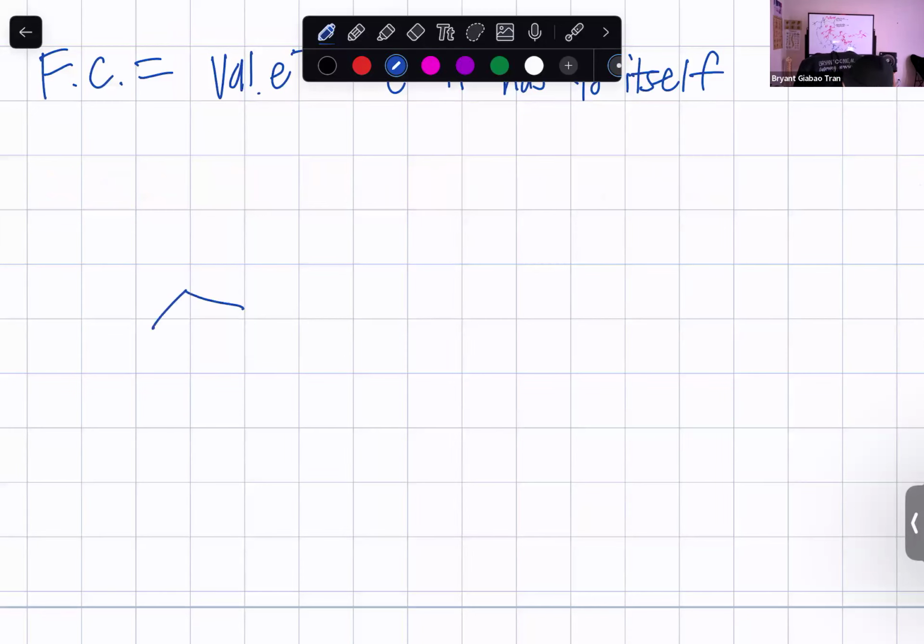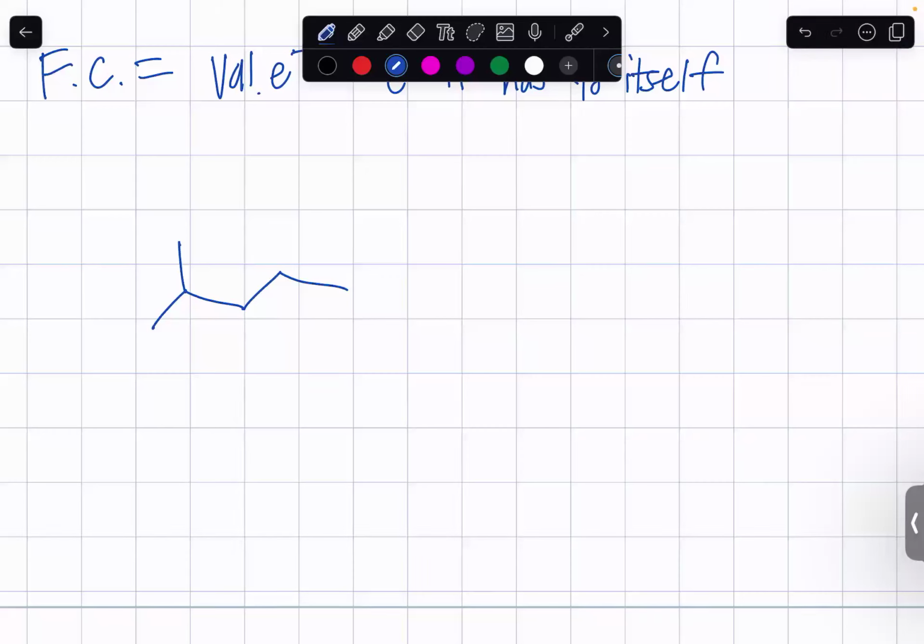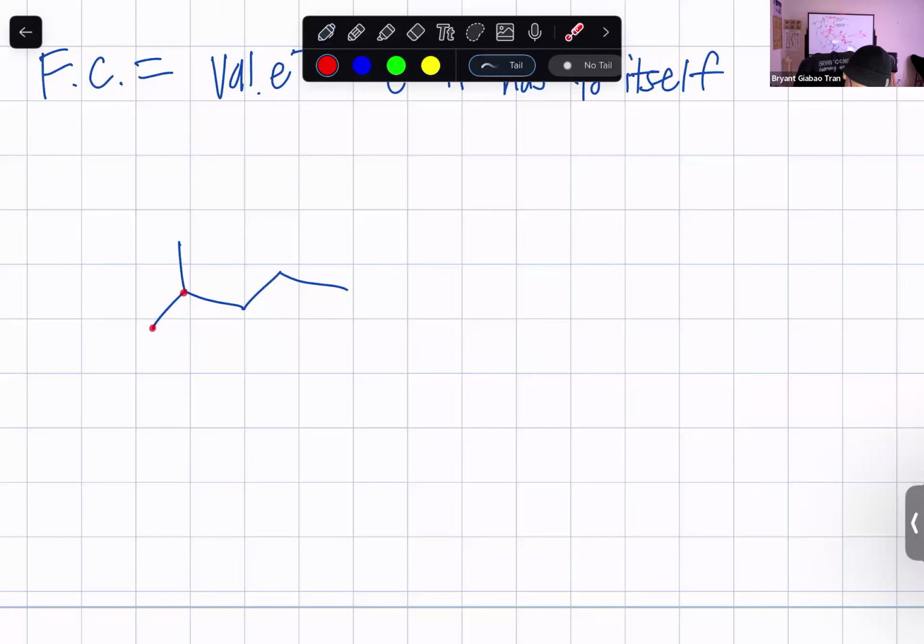If I draw out some random structure like this, do you know how to read that bond line structure? Yes. Because all the points here are what atom? Carbon. Right. And right now, I'm going to say that all of these carbon atoms are neutral, so there's no negative charge and no positive charge. How many bonds does carbon want to have to be neutral?